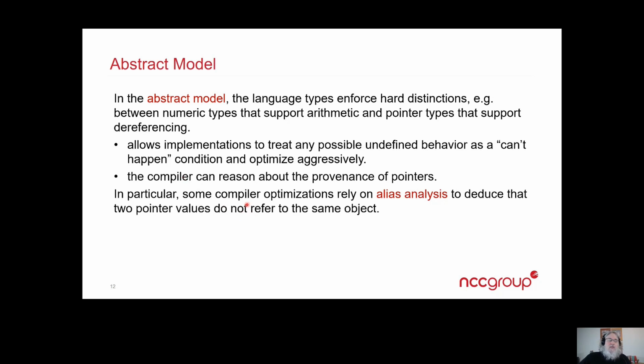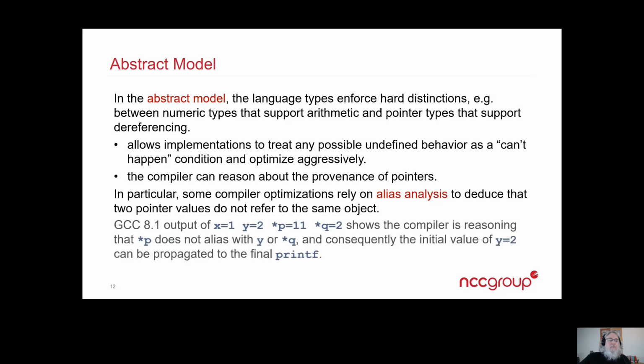In particular, these compilers rely on alias analysis to deduce that two pointer values might not refer to the same object. GCC is an example of a compiler that applies this abstract model, and the result is a very different output from that code.